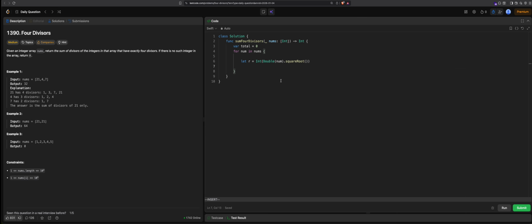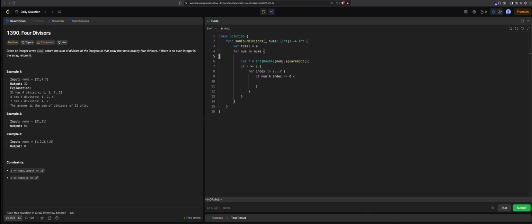If the square root is greater than or equal to 2, I'm going to iterate through index in 2 through r. By checking that, what if the number divided by our index has a remainder equal to 0?